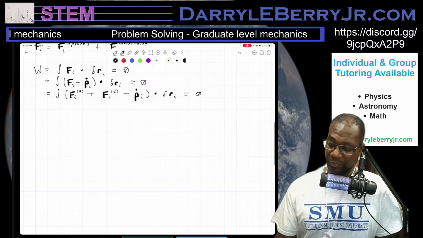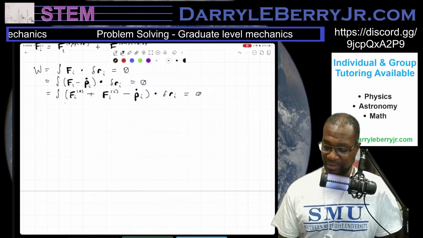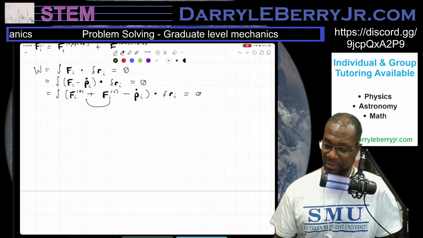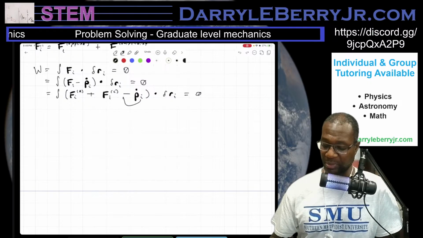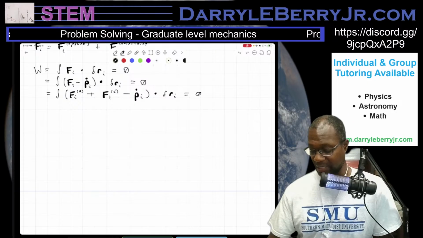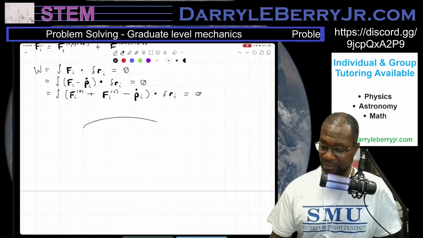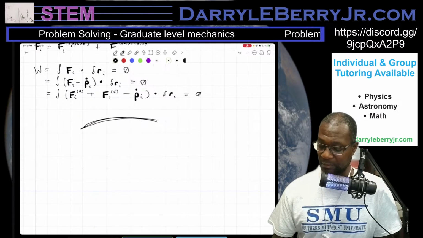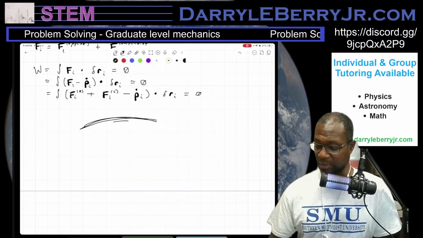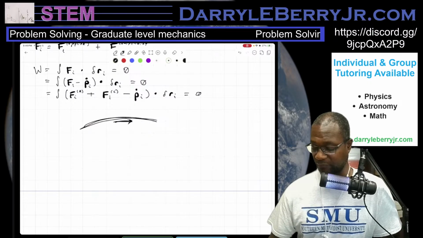Now, the thing about dot products is we can distribute this outward. So this is the same thing as the dot product of force times this, plus the dot product of this, plus the dot product of that. So you could distribute this out and have 3 different dot products. What we do is recognize that the constraint force, let's say I have a balloon and the particle is moving along without hitting it, then there's no force.